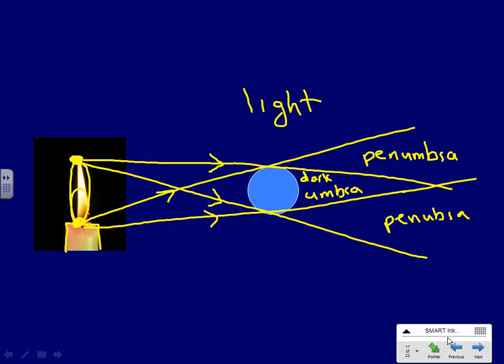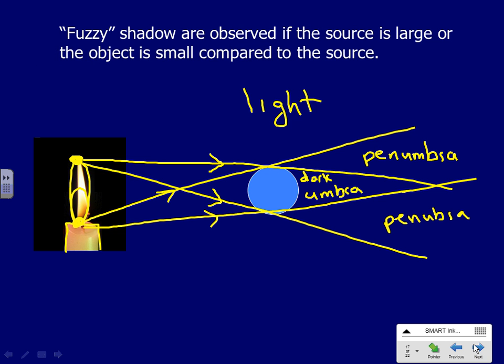But as I bring my hand in, it's not sharp anymore, and it's really not sharp. And even right in there, there's hardly any real umbra. There is a little bit there. There's my finger there. Isn't that fun? So you can see it loses its sharpness because the source is so much larger. This could have been the same candle, and I just moved the object really close to it. Okay? All right. So fuzzy shadows.